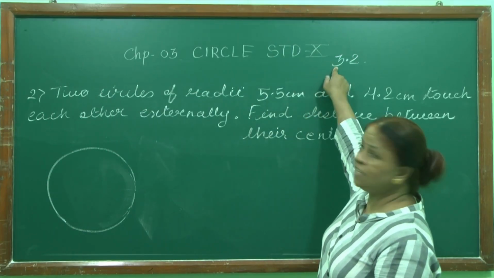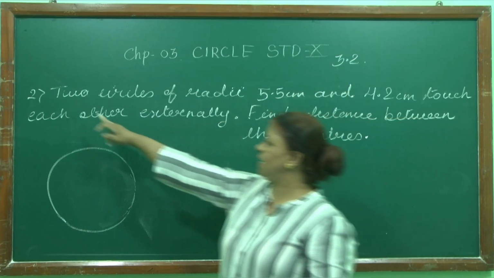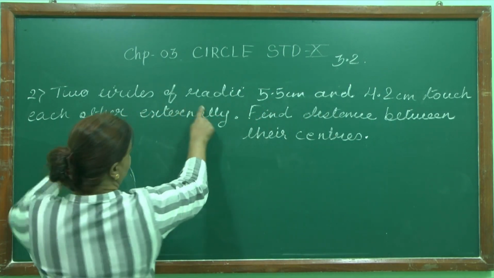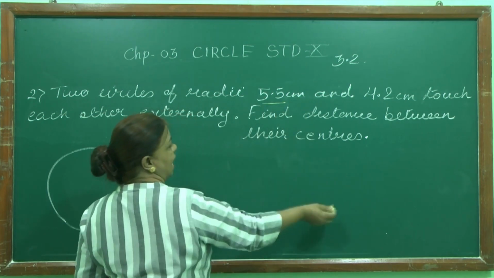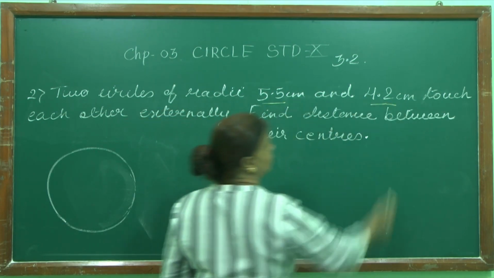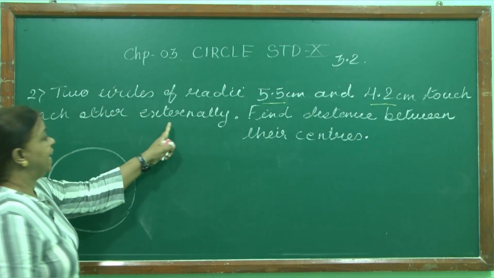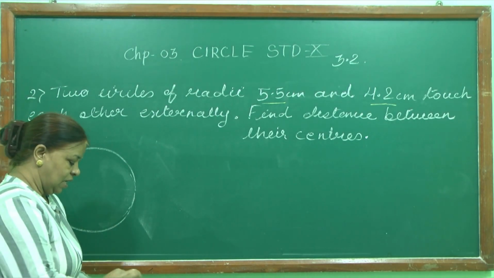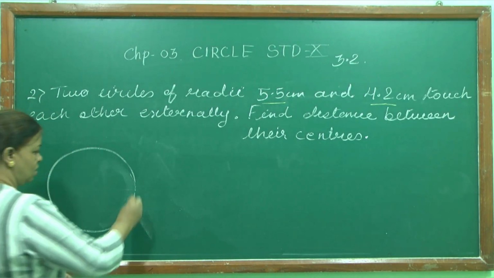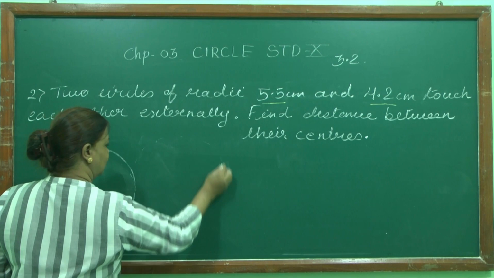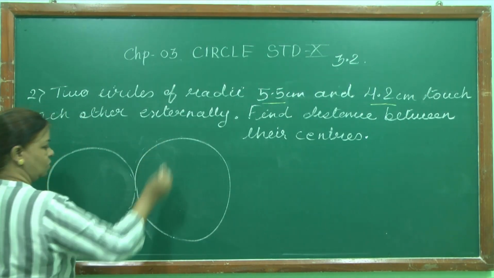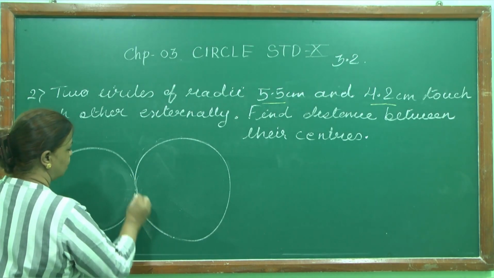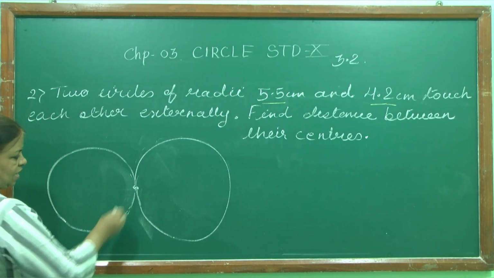Now 3.2 exercise, children, and the second sum. Two circles of radii 5.5 centimeter and 4.2 centimeter. They touch each other externally. Now here one circle I have already drawn. Let me draw another circle. So they are touching externally at one point.